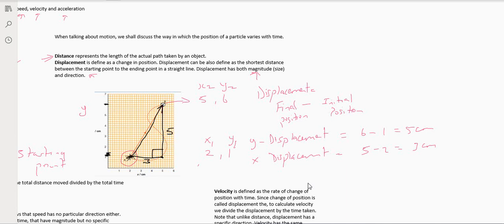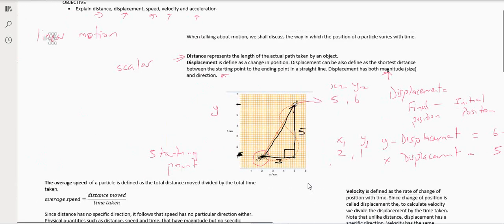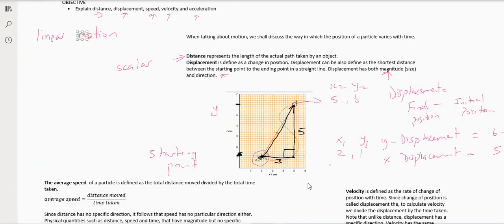So Pythagoras theorem states that a square plus b square is equal to c square. We know that c is this side. Let us call this side a, and let's call this side b.